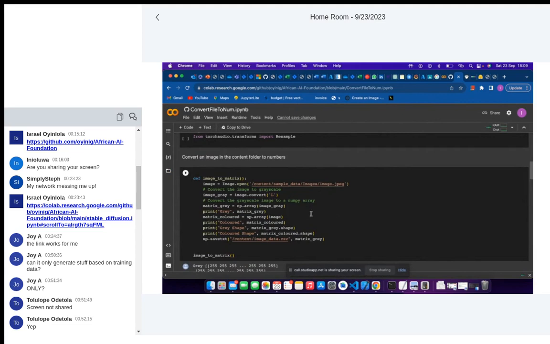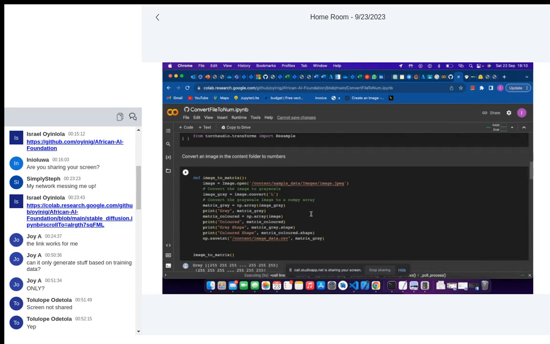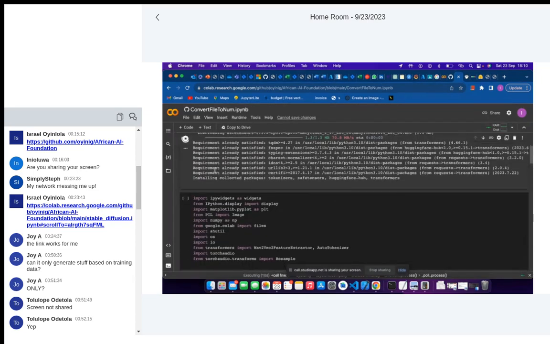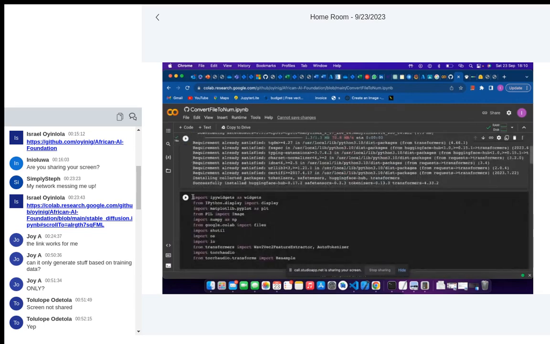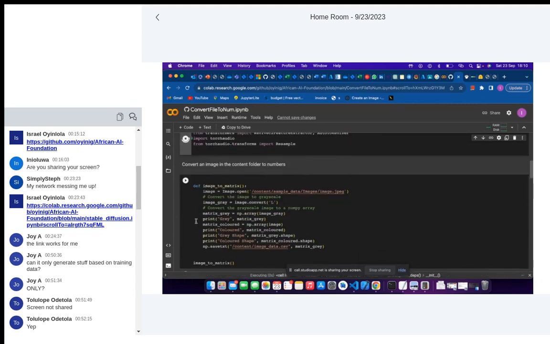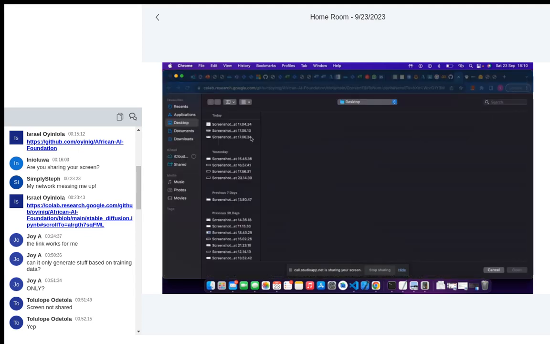Okay, so image. You can also access this on the repository. So let me import all these and upload an image right here.